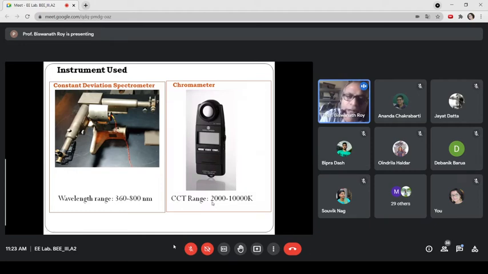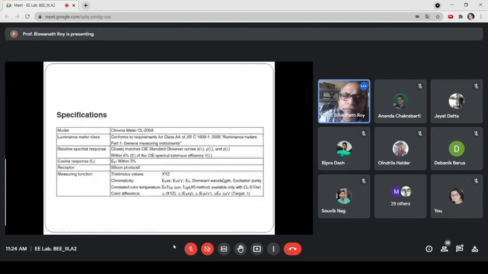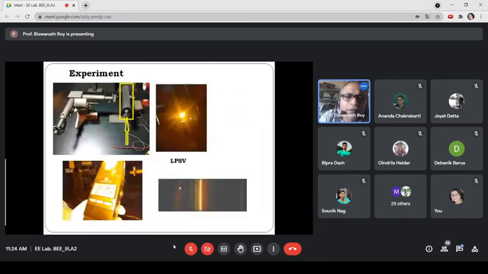So that's why it is not possible with this chromometer to measure the CCT of low pressure sodium vapor radiation.